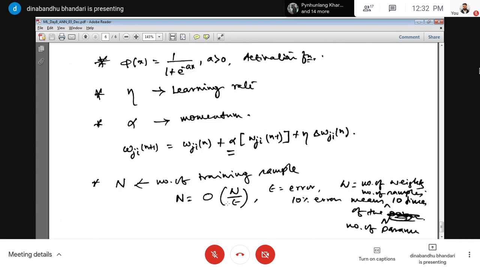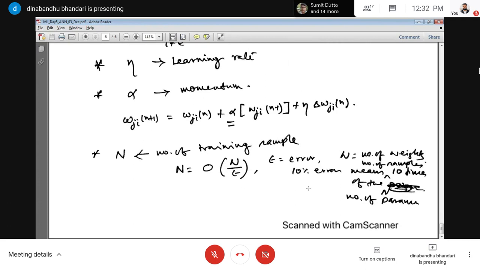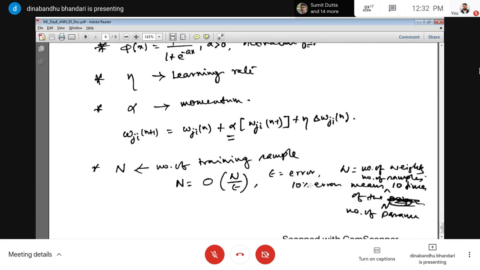So if the number of parameters is 10 and epsilon is 0.1, it is expected that your number of training samples will be 100, that is 10 times of this one. That is the normal concept, and practical examples we have seen.